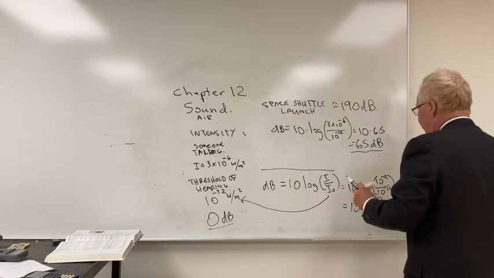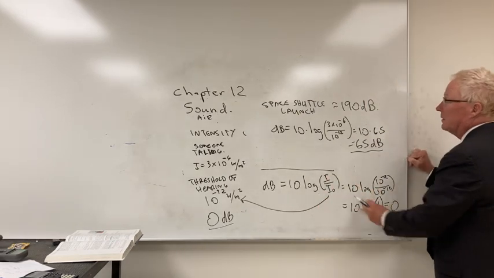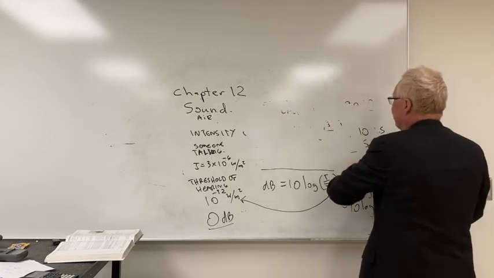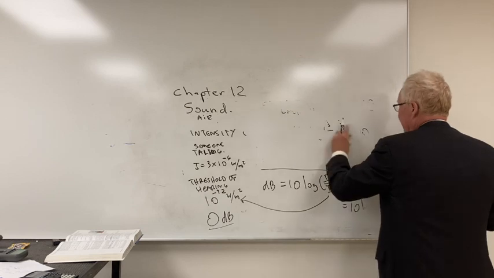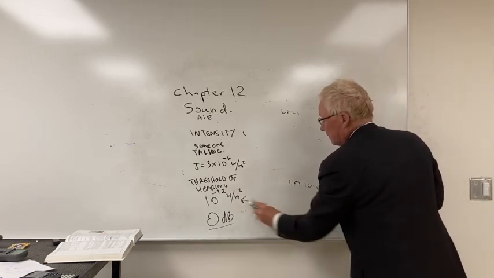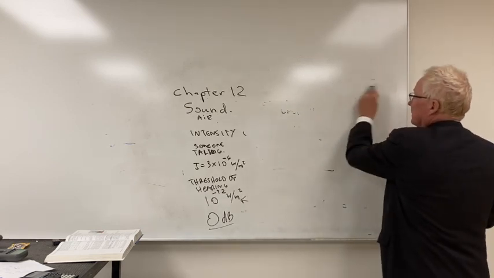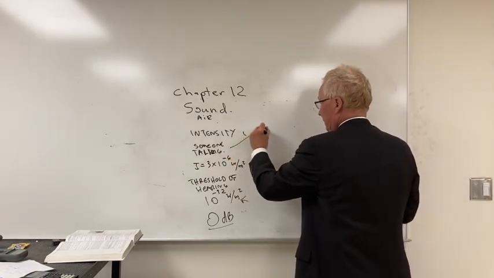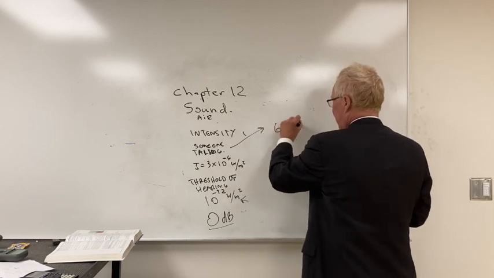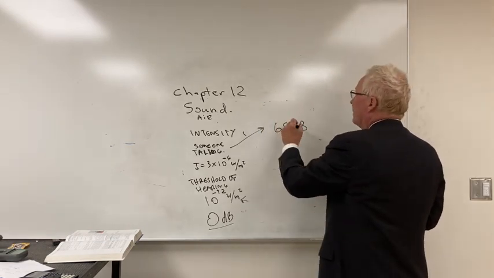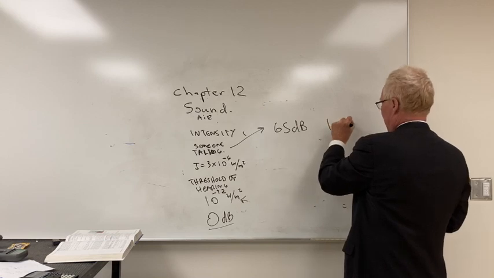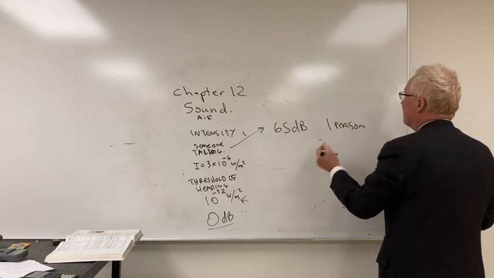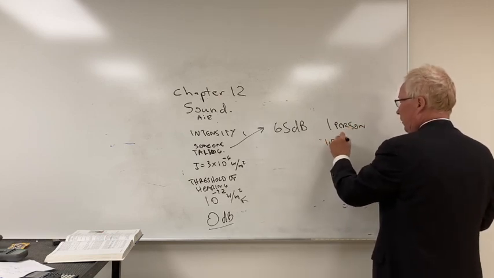So this is someone talking, about 65 dB, one person. Now let's say we have 10 people.